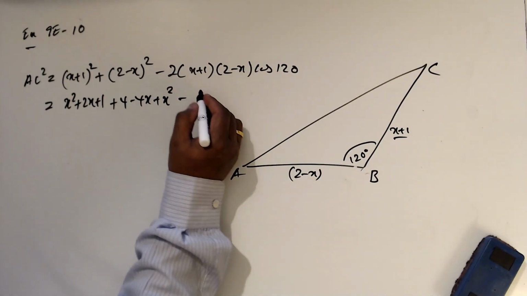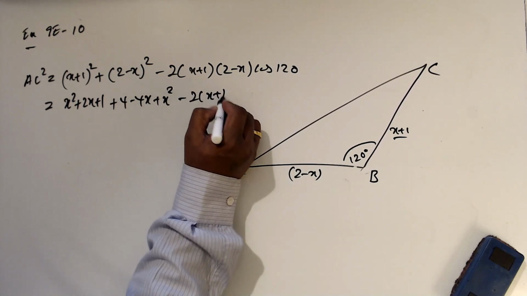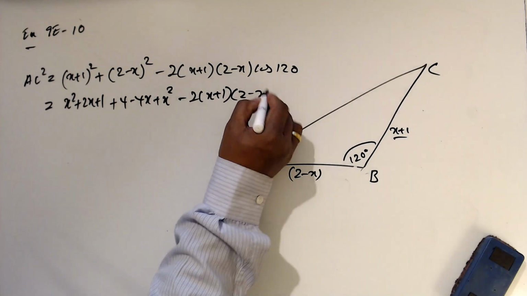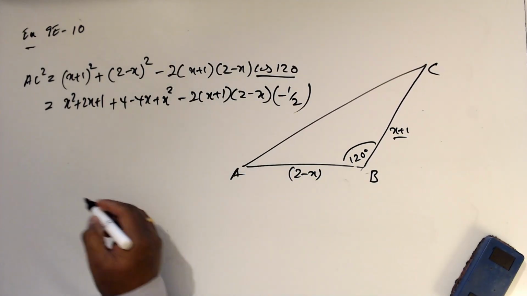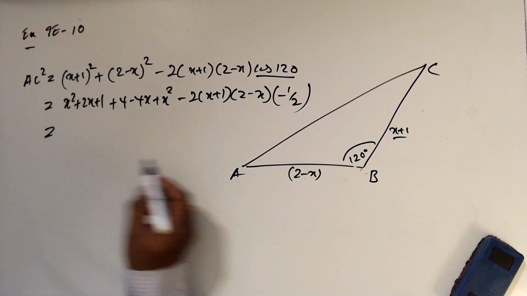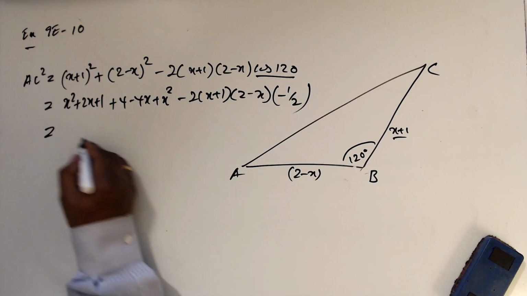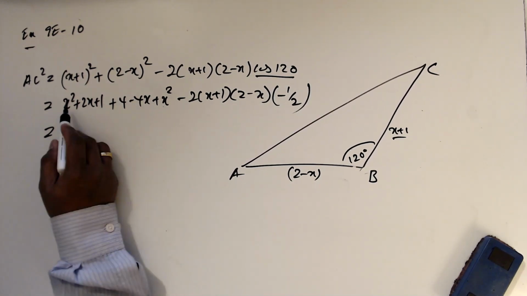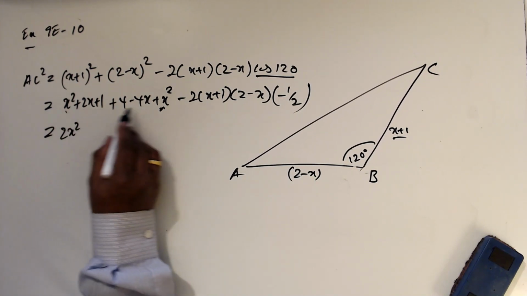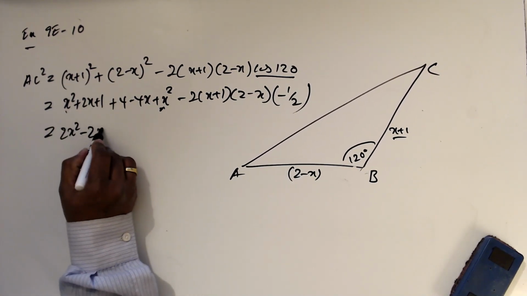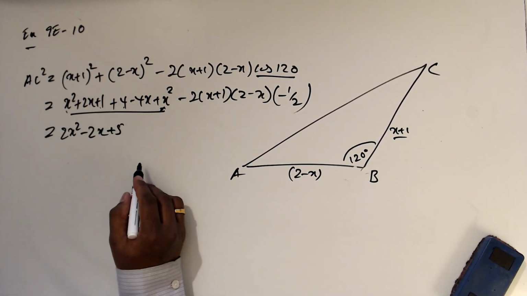This is going to be 2 times x plus 1, 2 minus x cos 120, meaning minus half, and this minus cancels out. So 2x square, plus 2x minus 4x, plus 1 plus 4 is 5.